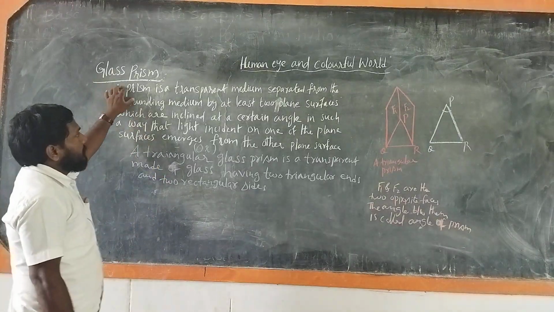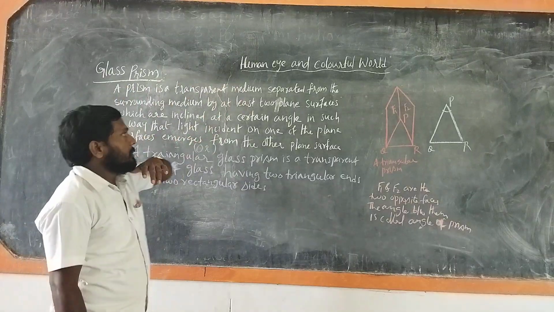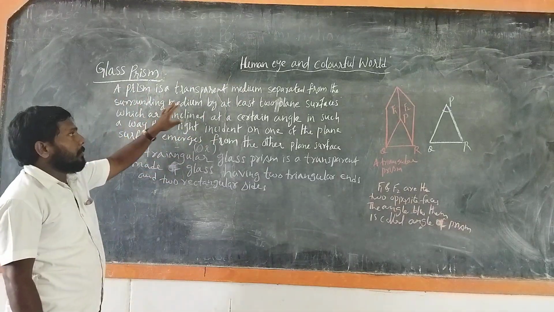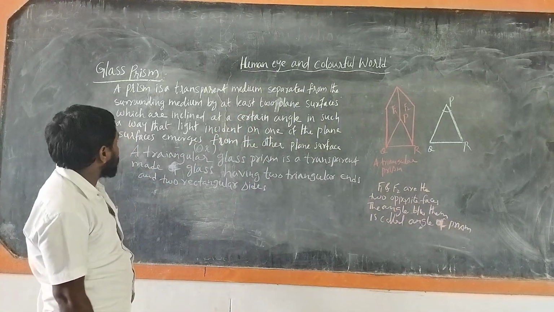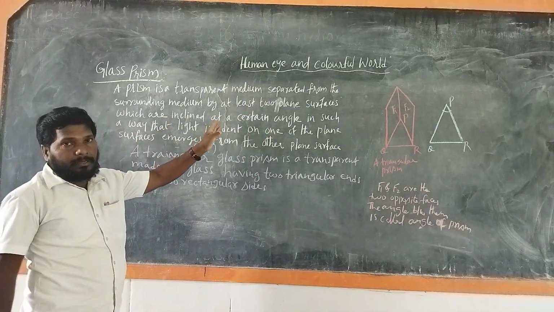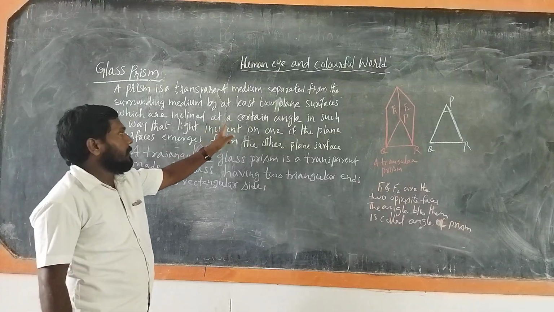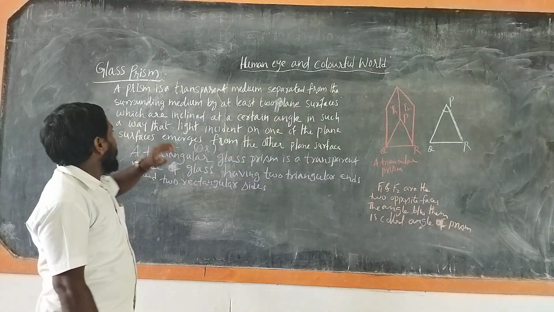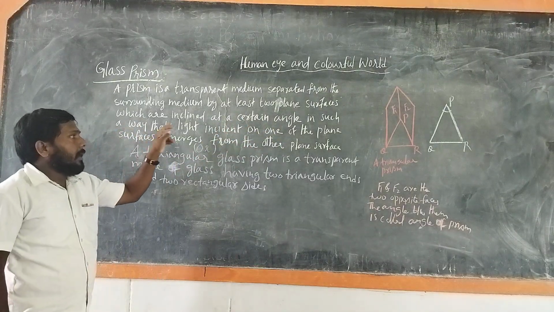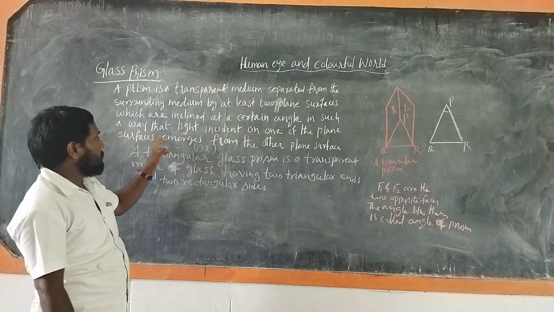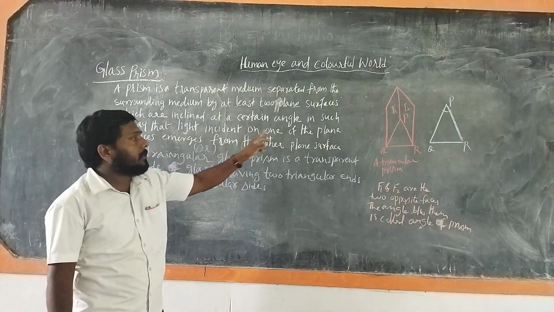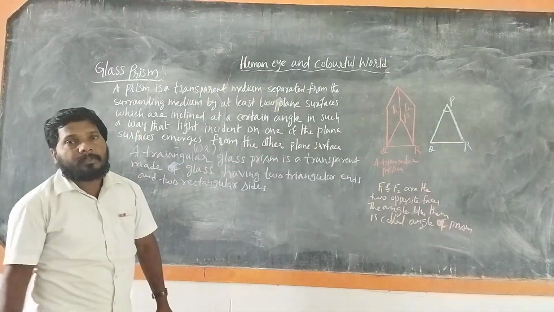Simply, a prism is a transparent medium separated from the surrounding medium by at least two plane surfaces which are inclined at a certain angle in such a way that light incident on one of the plane surfaces emerges from the other plane surface.